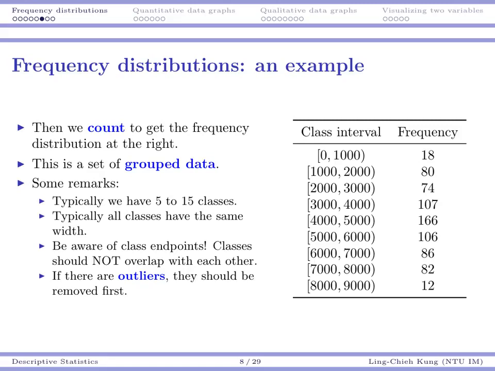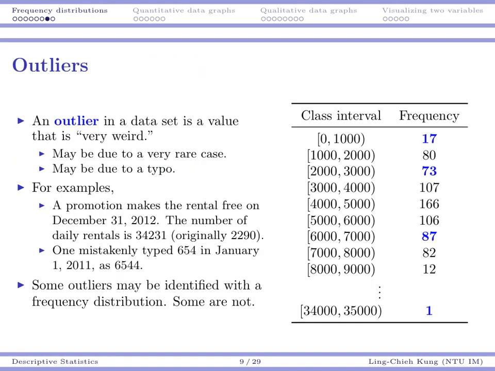It's not just an issue about frequency distribution, it's about any data analysis job. So let's do some discussion about outliers. An outlier in a data set is a value that is very weird. It may be due to some very rare extreme cases that in typical cases we don't see, or it may simply be due to a typo.